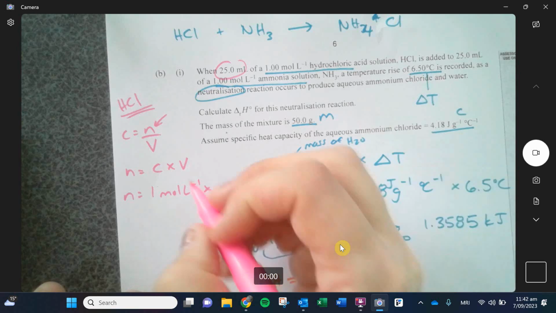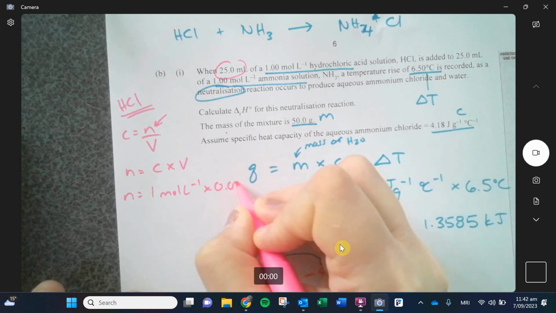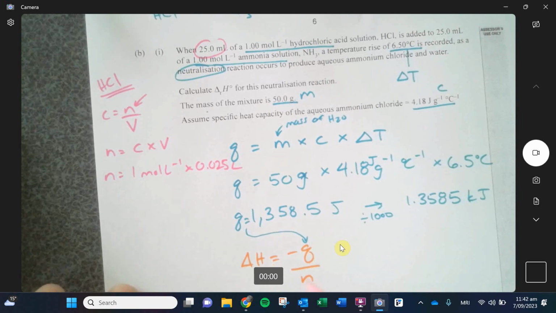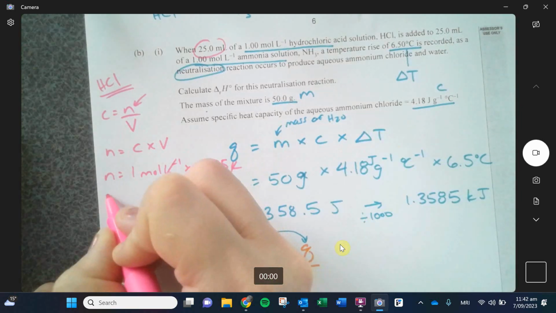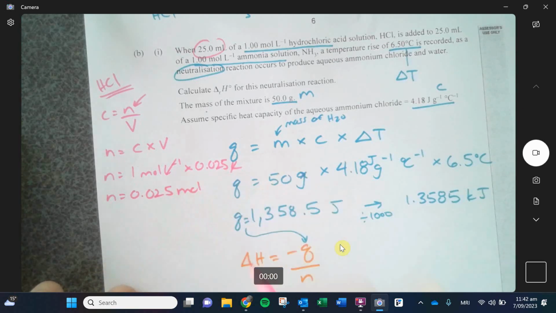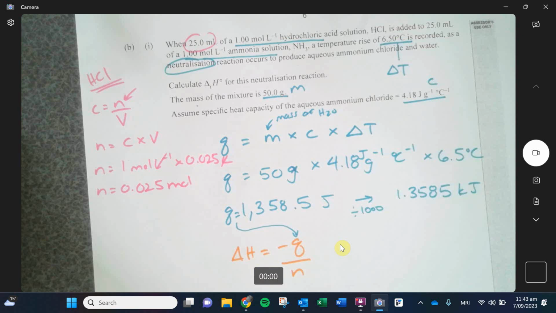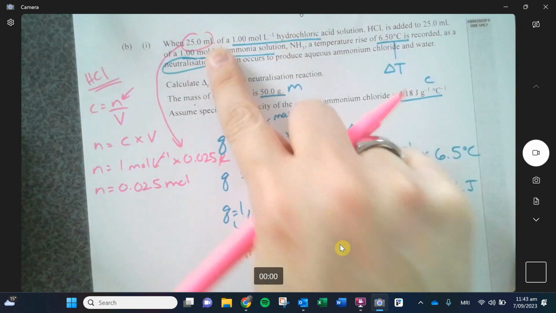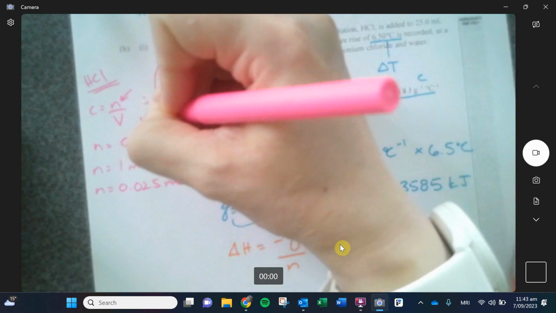Again, divide by 1,000: 0.025 liters. The liters cancel out, and my amount is 0.025 moles of acid. I took that from the volume up here, 25 mils, and I just divide it by 1,000 so I can get it into liters.